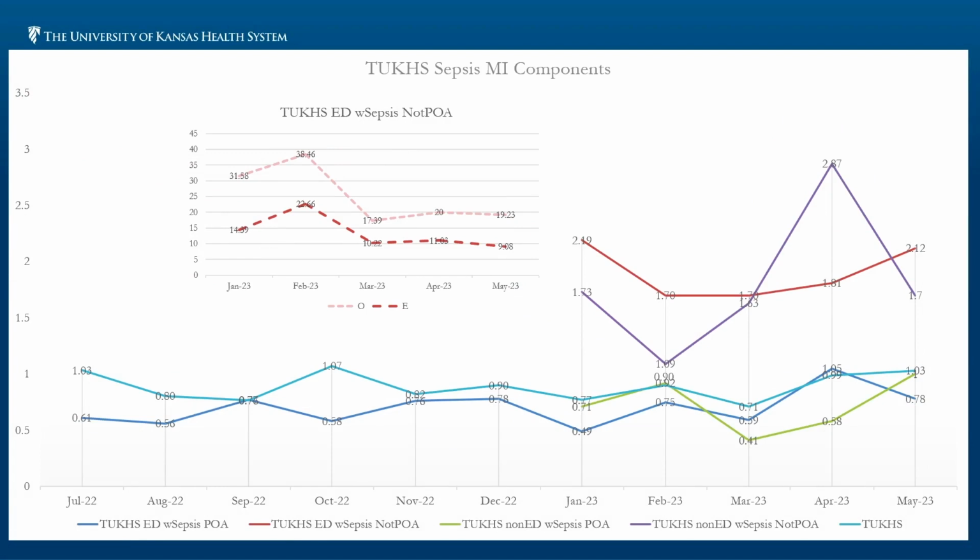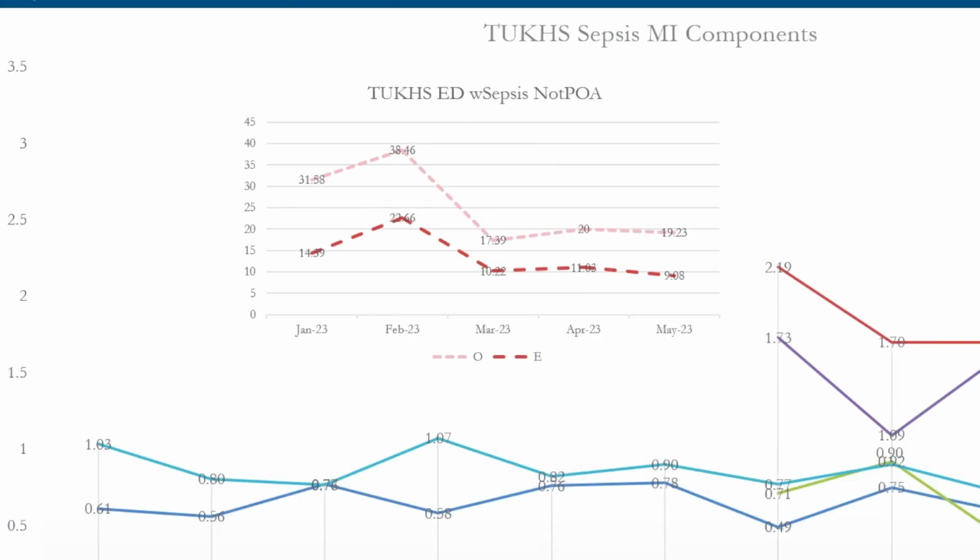As you can see, the expected mortality, which is the darker red dotted line, is always lower than the observed mortality, meaning more patients are dying than were expected to die from sepsis. So this is the problem component, not only within our hospital, but other health systems as well. It essentially hones in on and suggests the occult sepsis population that have poor outcomes.